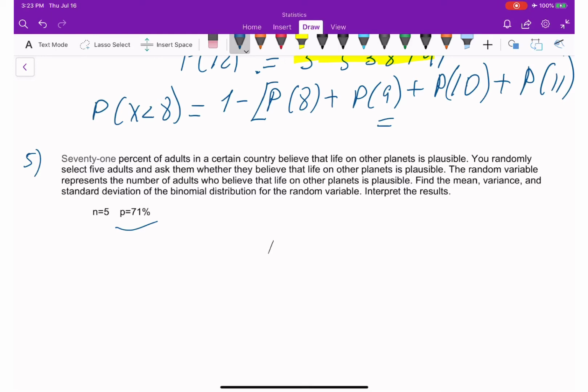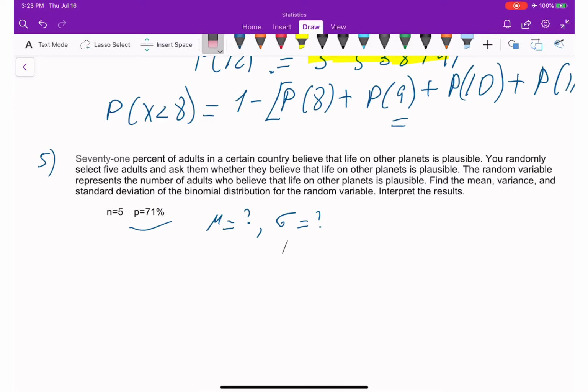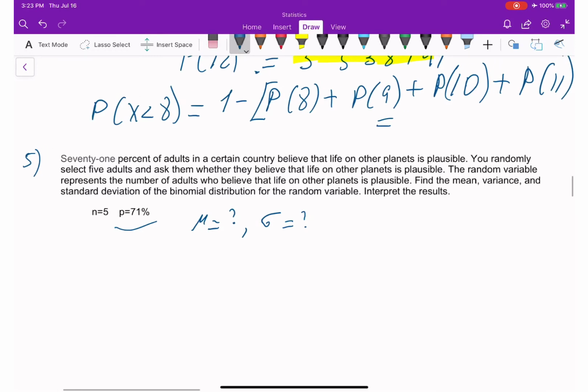You randomly select 5 adults and ask them whether they believe that life on another planet is plausible. The random variable represents the number of adults who believe that life on another planet is plausible. Find the mean and standard deviation of the binomial distribution for the random variable. Interpret the result.